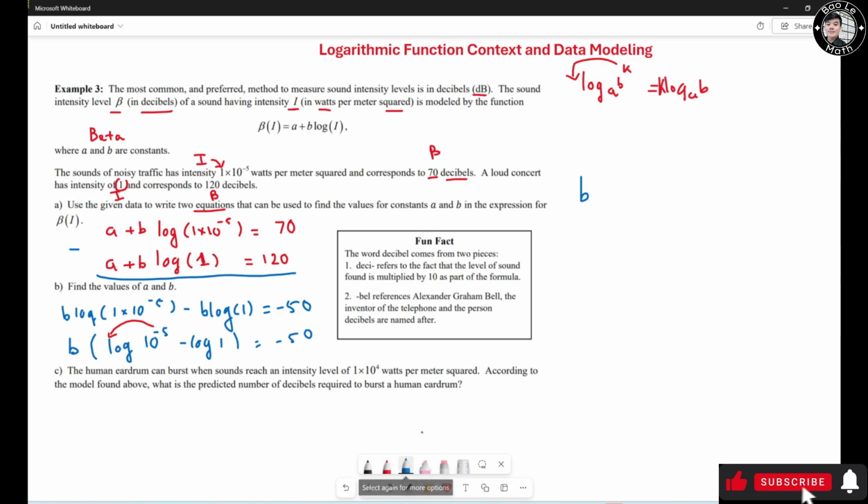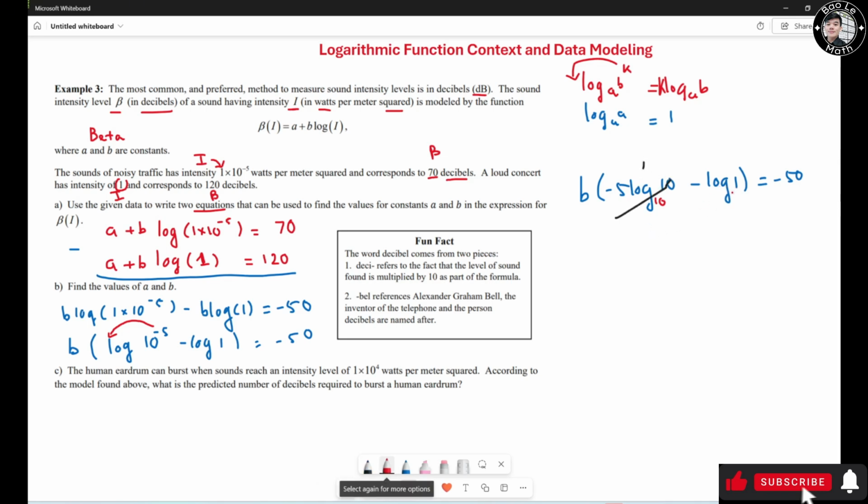Now next one, if you have log base a of a, the same, the answer must be 1, right? Now, I bring negative 5 to the front, I have negative 5 log 10 minus log 1 equals negative 50. Now, log 10 means log base 10 of 10, so this guy equals 1.